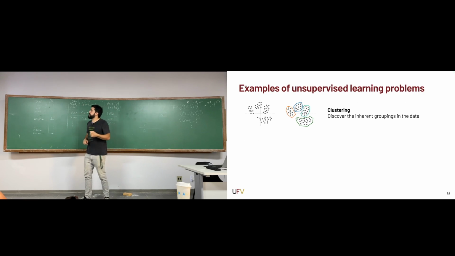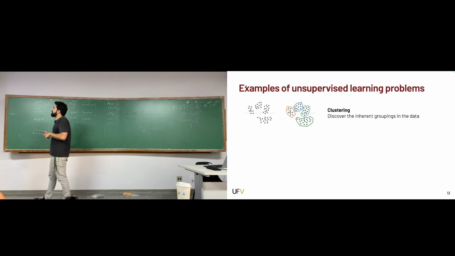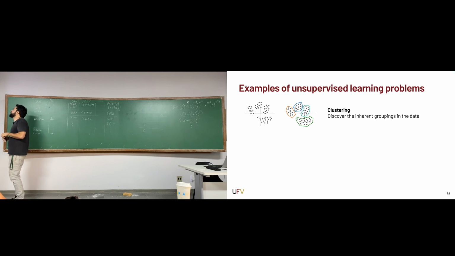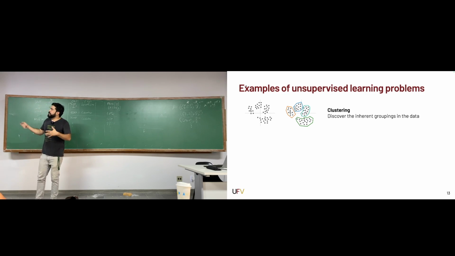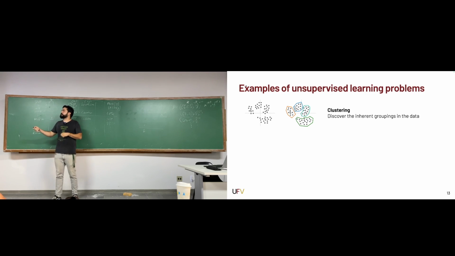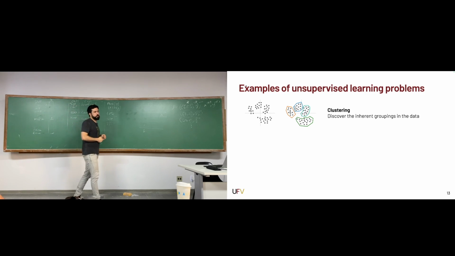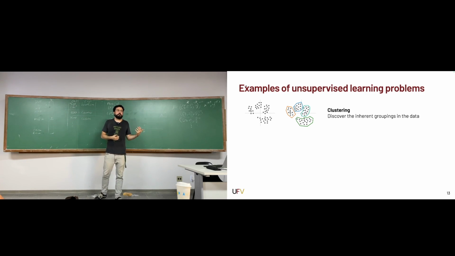Examples of unsupervised learning problems. Clustering is one of the most classic examples. Think of a two-dimensional problem like this. Here we can visually see that there are groups among these examples, right? But we don't know that.